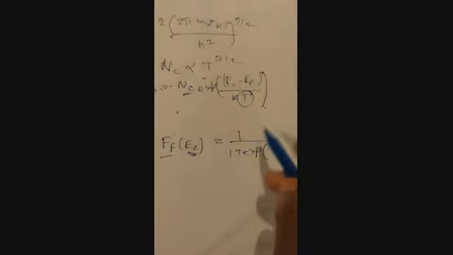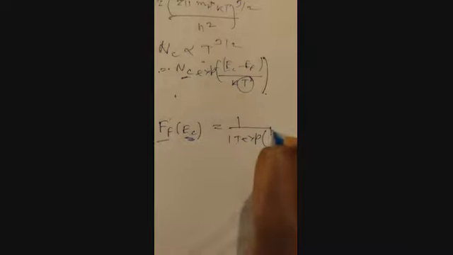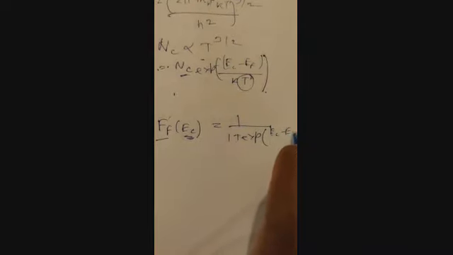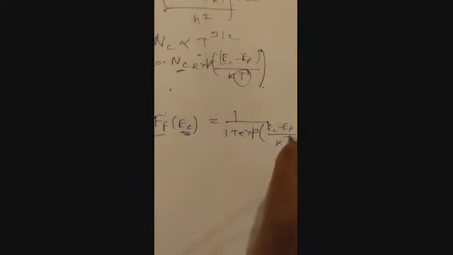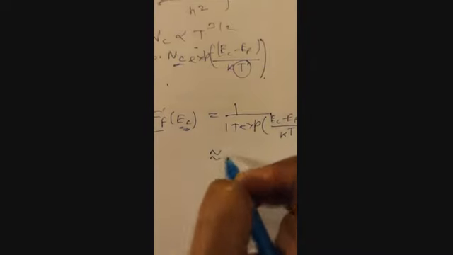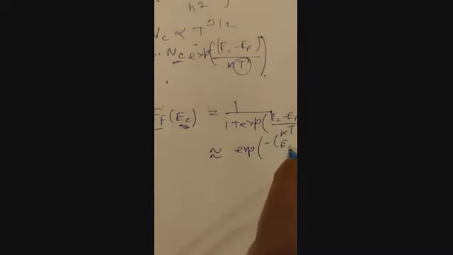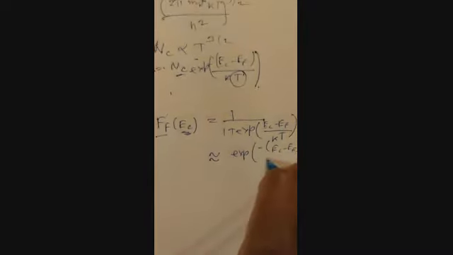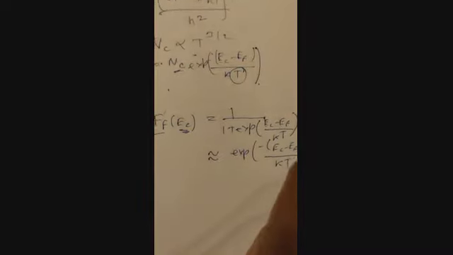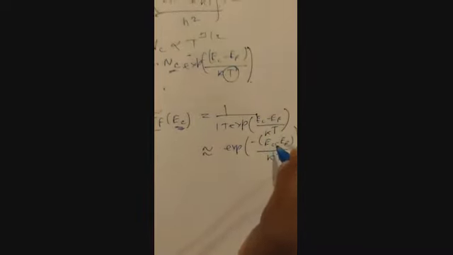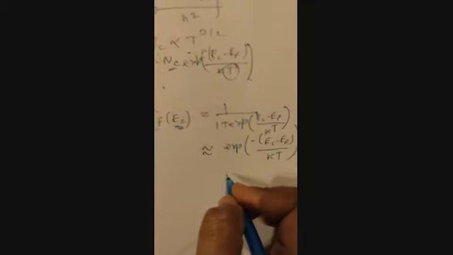So the reference they have given is the conduction band. So what should I do? EC minus EF upon KT, which I can simplify as exponential of minus (EC minus EF) upon KT.